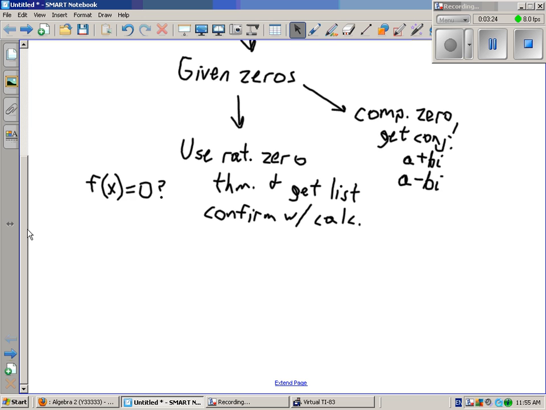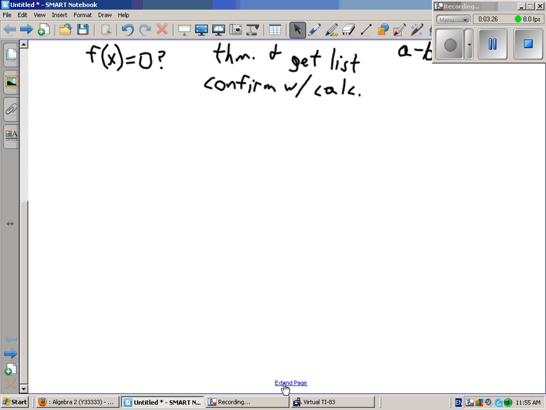Now that we've done that, you're going to get a list of zeros that you know are zeros of that function. It's going to look like x is equal to blah, blah, blah are zeros.